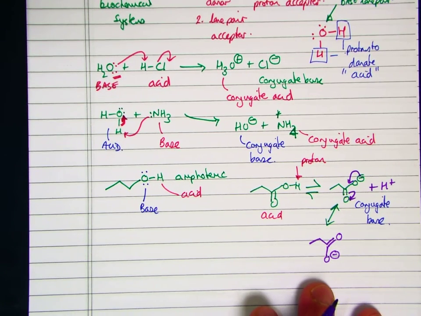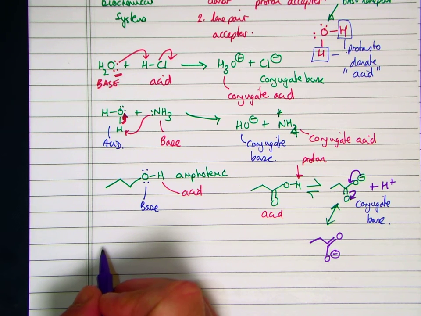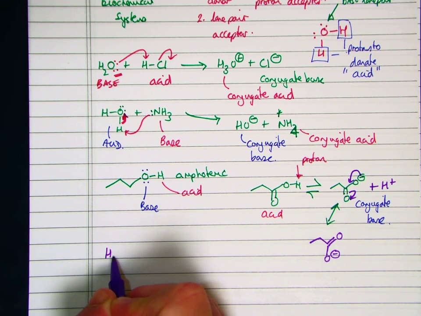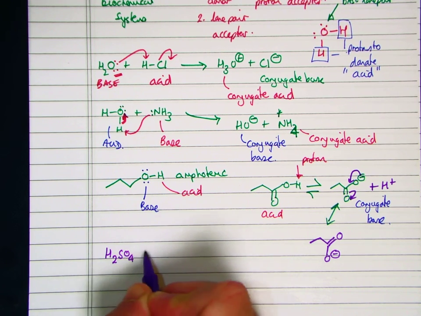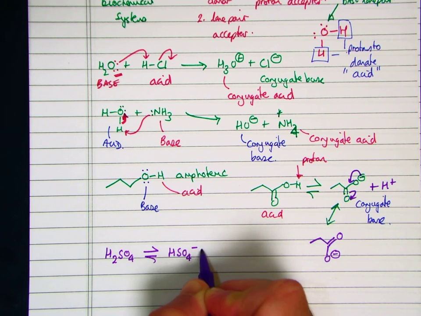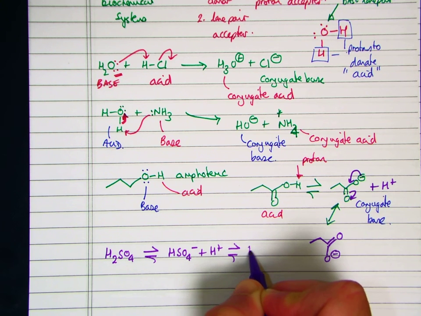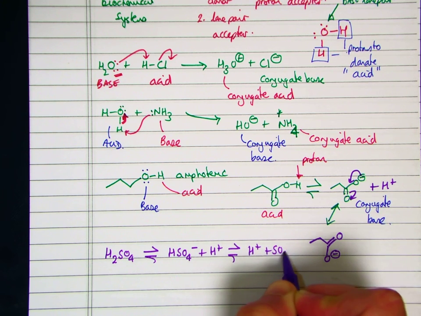And then if we take a broader picture, we're looking at biological systems and sulfuric acid. We just want to remind ourselves that we've got H2SO4 in equilibrium to give us HSO4- plus H+, which is in equilibrium to give us H+ plus SO4 2-.